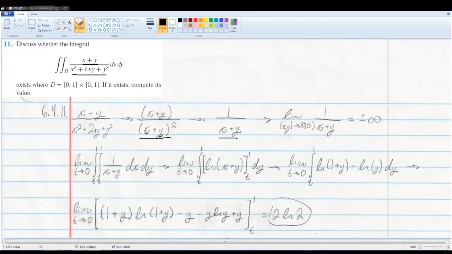Of course, the limit as this approaches 0 is plus or minus infinity. It's basically a plot like 1 over x, so we have one curve that goes like that and another one that goes like that.